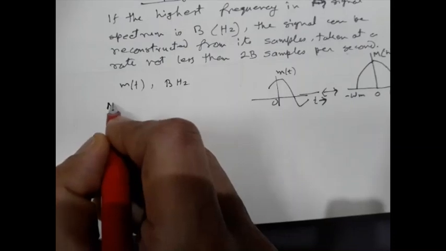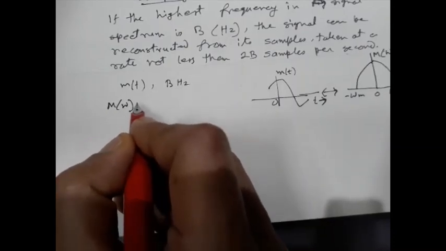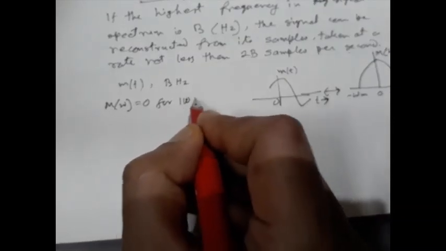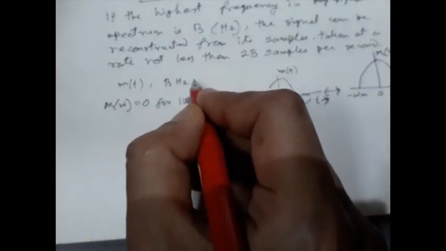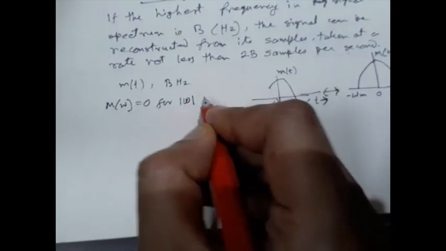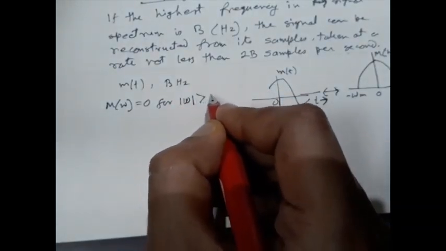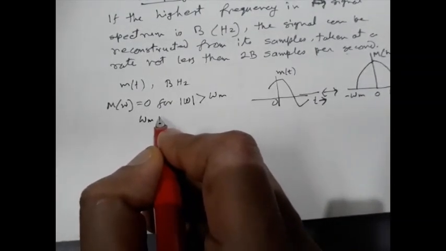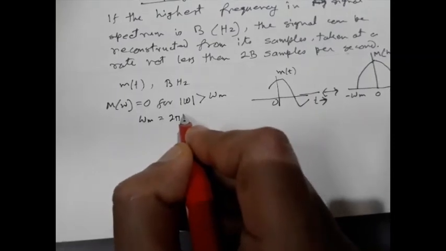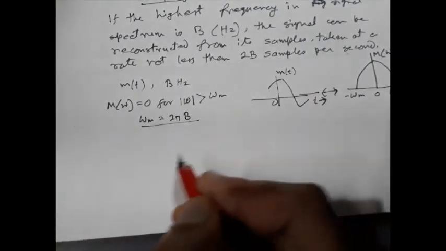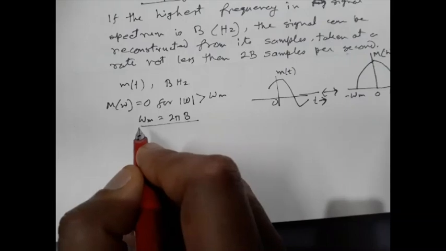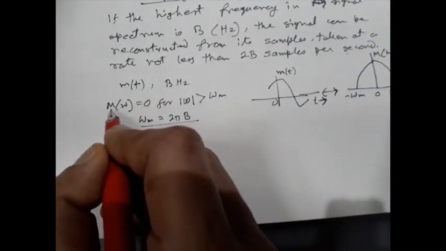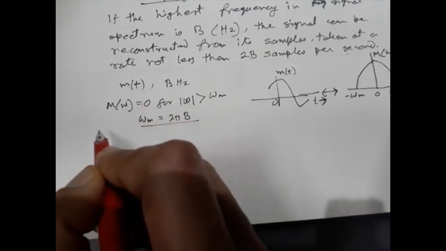So we can write M(omega) equal to 0 for omega greater than omega m, where omega m equals 2 pi B. Here M(omega) is the Fourier transform of m(t).